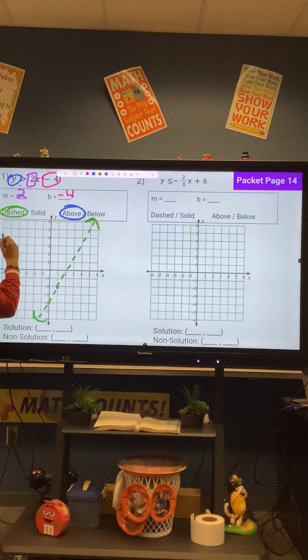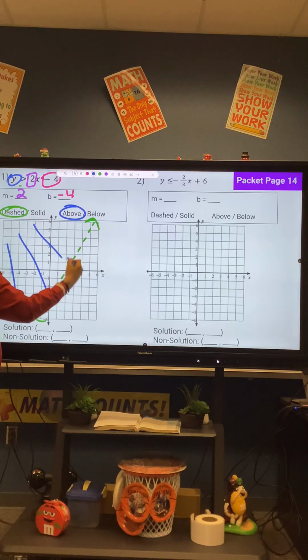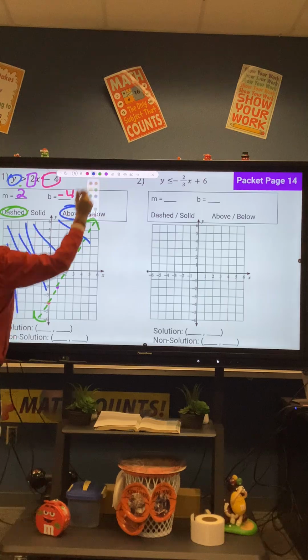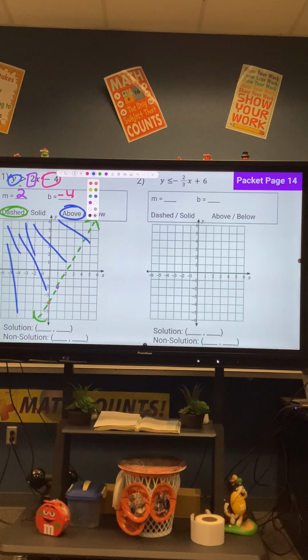And since y is greater than, we're going to shade above. So Davion, give me a solution. What's the solution for this graph? You just gotta look at, give me a point that's in the shaded area.